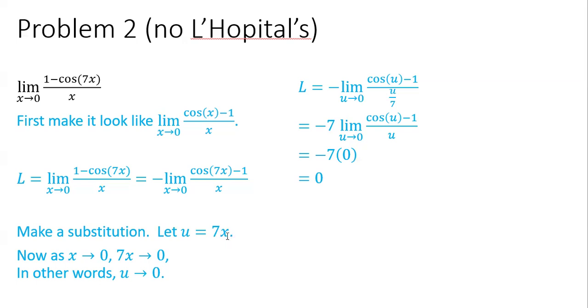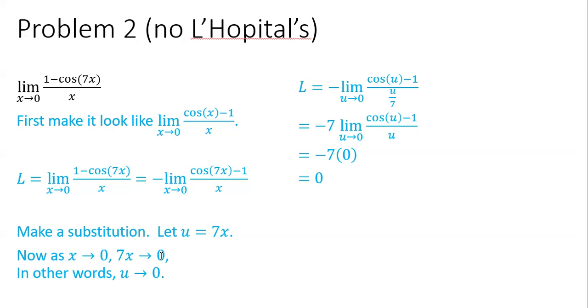What would u approach? As x approaches 0, 7x will also approach 0. Imagine this is the equal sign. It's not really, but just imagine. Multiply by 7 on both sides. So 7x will still approach 0, which makes sense: 7 times something that's approaching 0 would be approaching 0 as well.